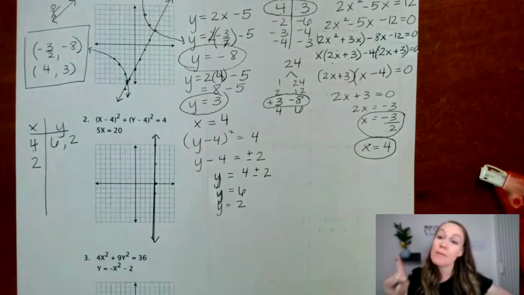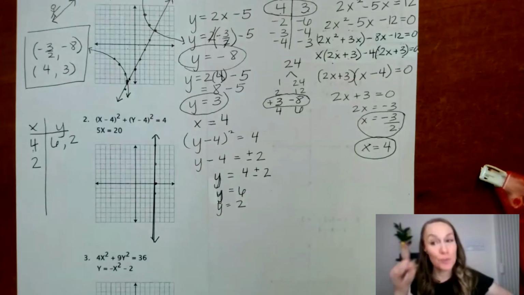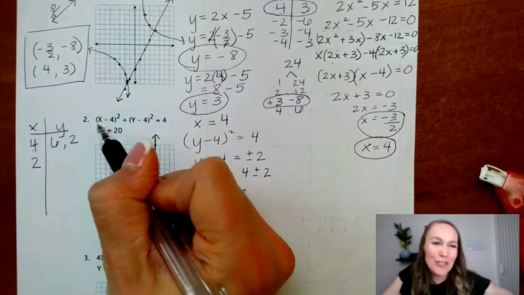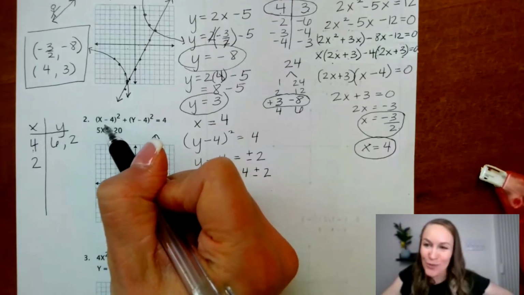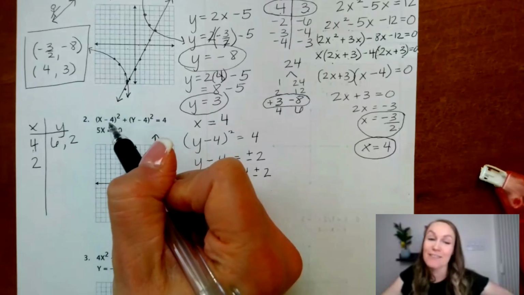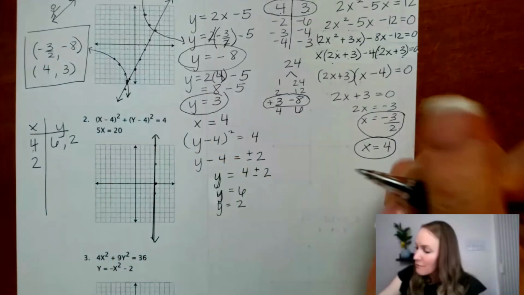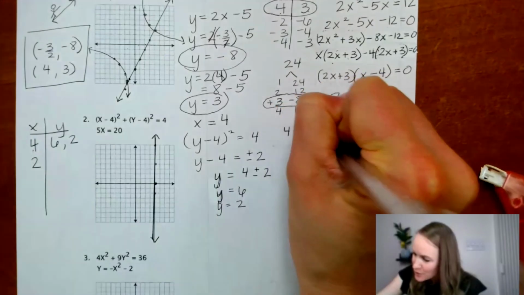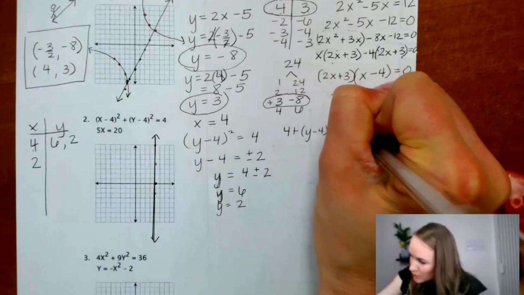But that's okay because I'm not square rooting it, I'm going to be squaring it. So that's okay so far. So 2 minus 4 is negative 2, and negative 2 squared is positive 4. So I have positive 4 plus this mess, y minus 4 squared equals 4.